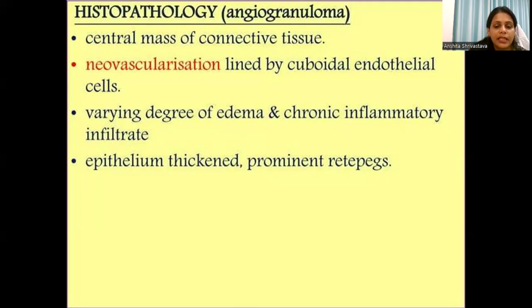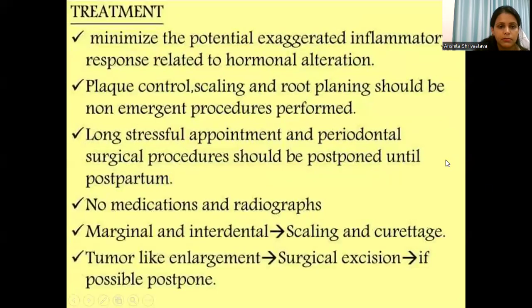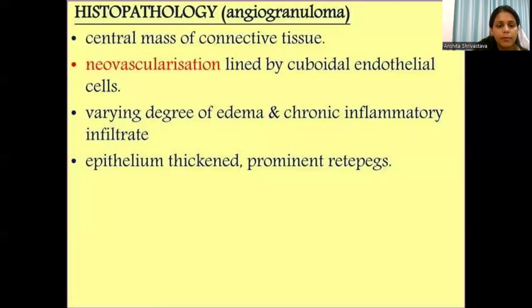The epithelium is thickened, and prominent rete pegs are also found. So there are mainly four histopathological features: central mass of connective tissue, new vascularization, varying degree of edema and chronic inflammatory infiltrate, and thickened epithelium with prominent rete pegs.